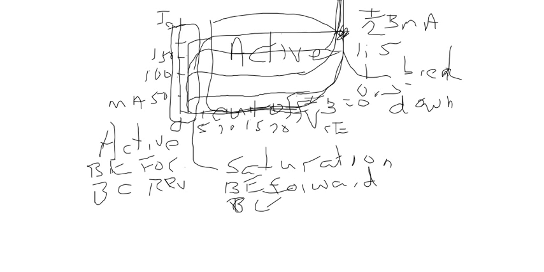Now, we're talking about two diodes here. You cannot build a transistor out of two diodes. It doesn't work. That would look like this. I mean, they'll work as two diodes, but they will not work as a transistor.